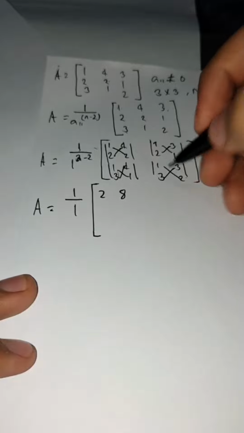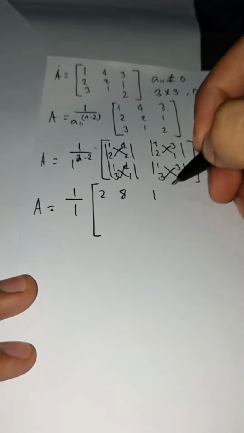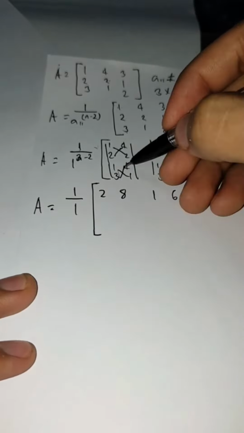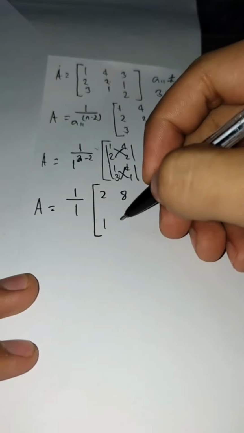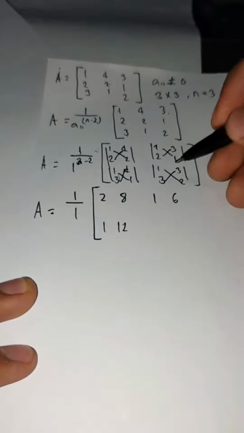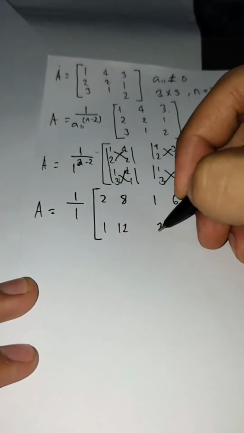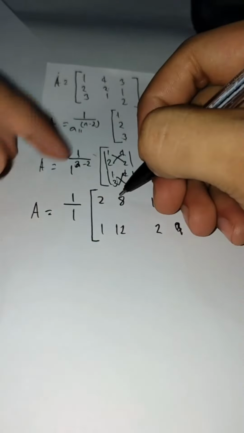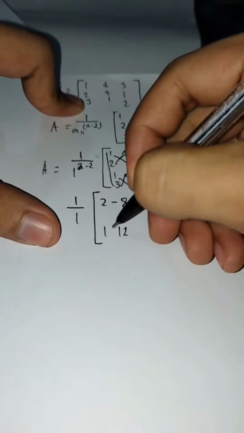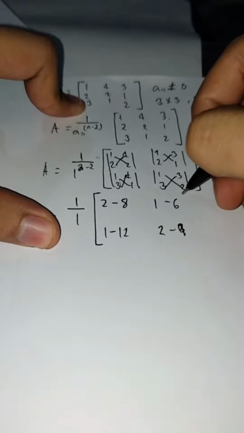Then 1 times 1 is 1. 2 times 3 is 6. 1 times 1, 1. 4 times 3, 12. 1 times 2 is 2. Times 3 is 9. Yan.